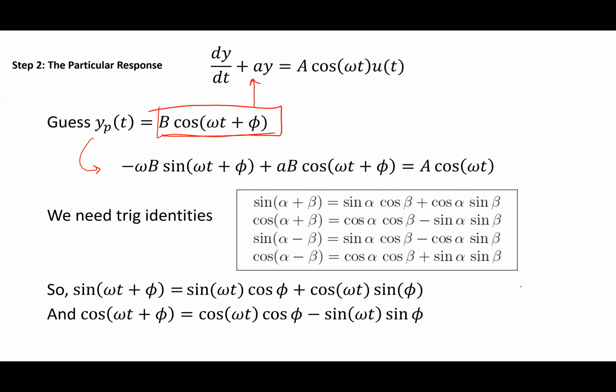I took the derivative of b cosine(omega t plus phi), and I got negative omega times the sine. So then I get this utterly ugly equation here. Then I have to use trig identities to take sine(omega t plus phi) and cosine(omega t plus phi) and break them down into these things.